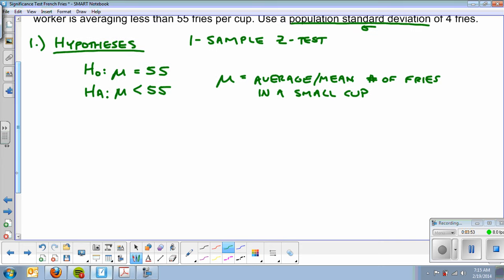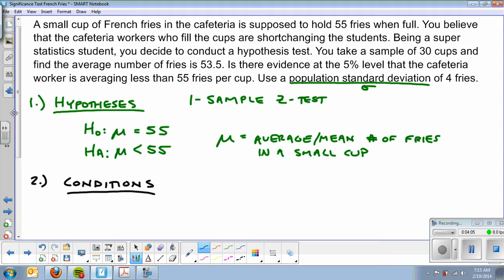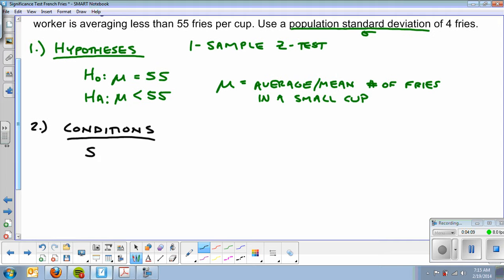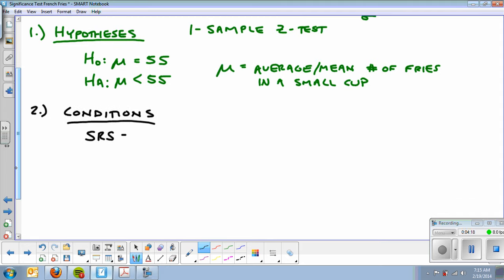Okay, step 2. We check the conditions. Now, we go back up to my sample. The first condition is a simple random sample. And it doesn't say anything about the sample being random. So we can't say it's stated in the problem.